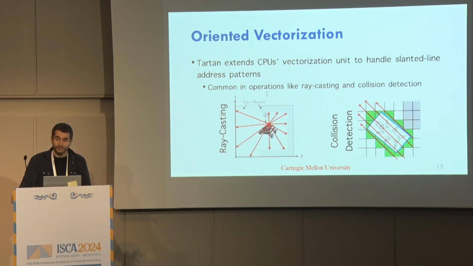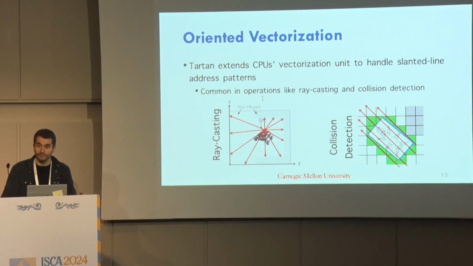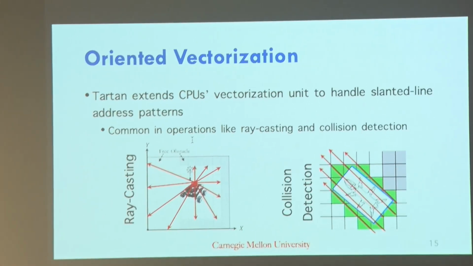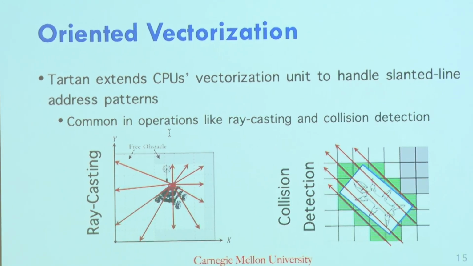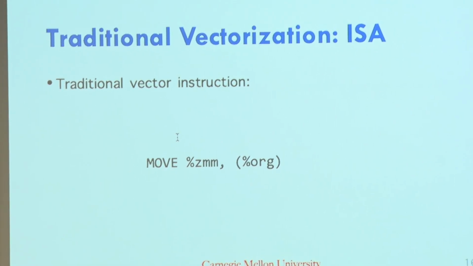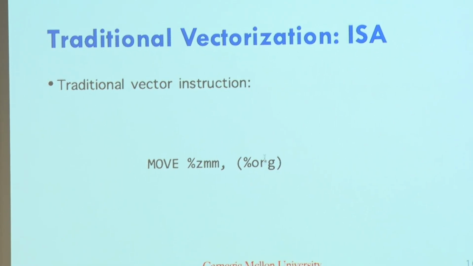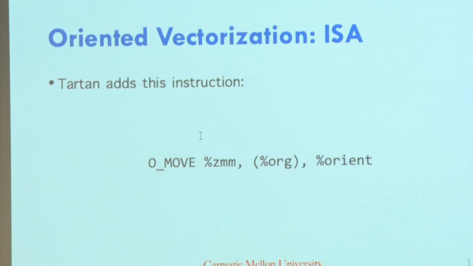The problem is current vectorization engines cannot handle this type of computation, even though the computation is the same on every one of these cells, and these cells are at nearby addresses. So traditional vector instructions are like this. We have a general purpose register and the base address from which the data is loaded. Tartan adds this new instruction, oriented move.